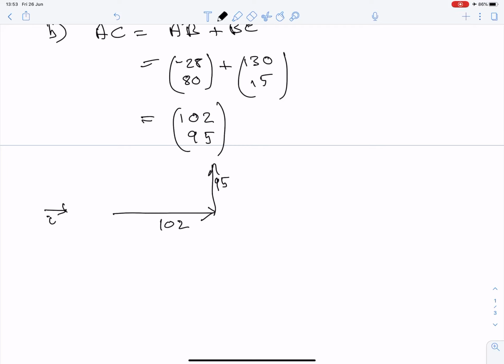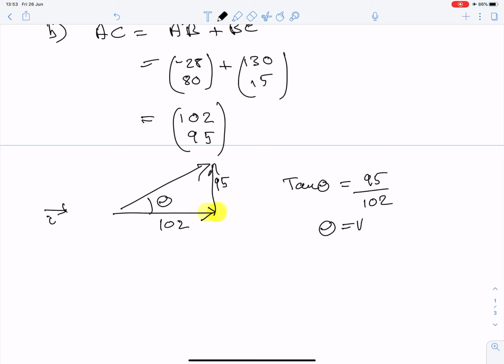Notice please that the vectors go from nose to tail to create the direction. It's this one plus this one, and there's our resultant. And we're asked for that angle in the question. So tan theta is equal to the opposite, which is 95, over the adjacent, which is 102.